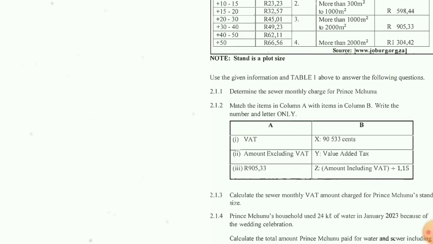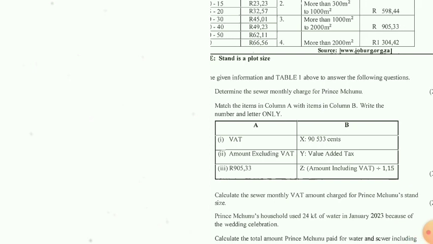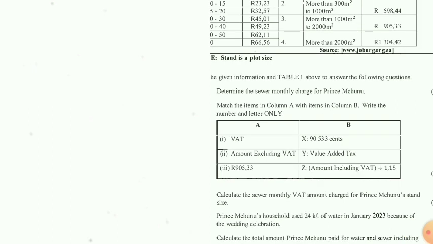Calculate the total amounts Prince Mkunu paid for water and sewer, including 15% VAT. Calculate for water and sewer on your paper. I hope you write water and sewer using capital letters.